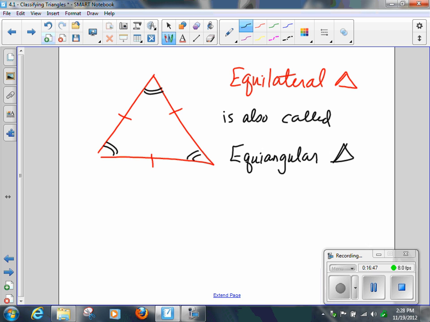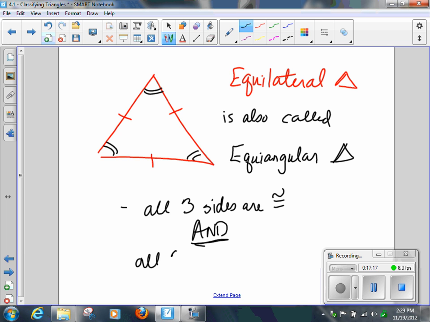Equal. Angular would mean, of course, angles. So, an equilateral triangle is also called an equiangular. And it doesn't matter what you call either one of them. All three sides are congruent. And what else? All three angles are congruent.